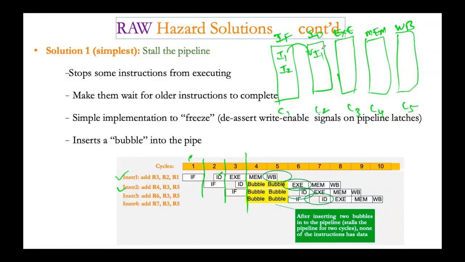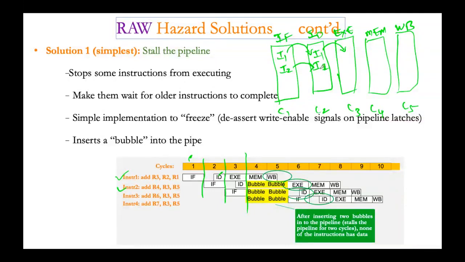Then in the third cycle, instruction 1 moves into execution, and instruction 2 is entering into the instruction decoding phase.